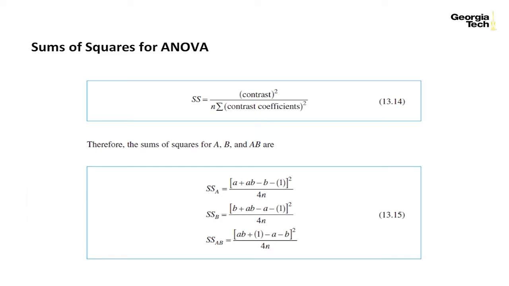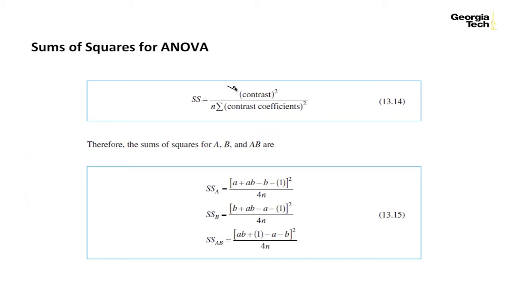The hypothesis testing is being done, again, by ANOVA. And for constructing the ANOVA table, we need to know the sum of squares of each component. Using the notation that we had before, and based on defining the contrast, we can easily find those sums of squares. Here is the general equation for sum of squares.